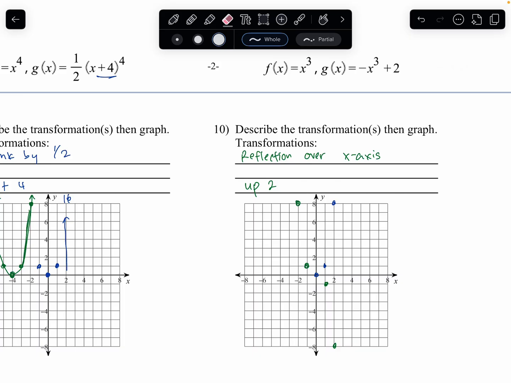And then it's going to be moved up 2. So all my points are going to be moved up 2. So 1, 2, 1, 2, 1, 2, 1, 2, and then that one will be up there. So my final graph should look like this right here. Okay?